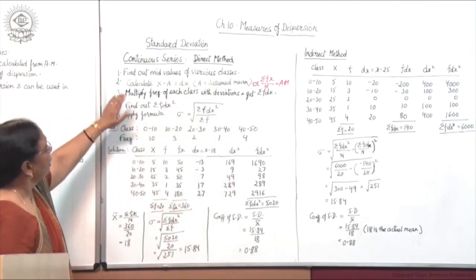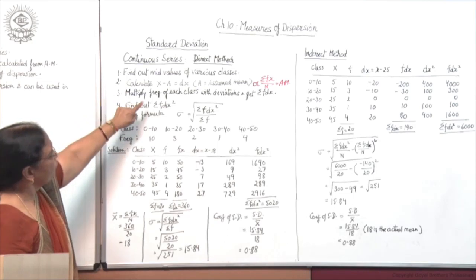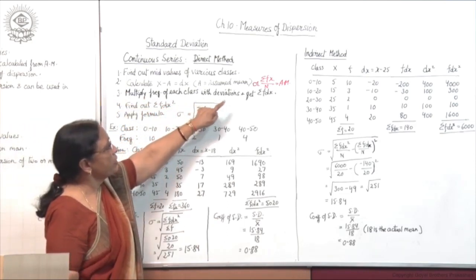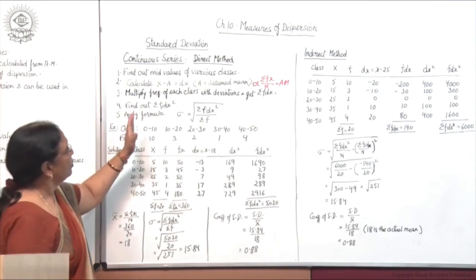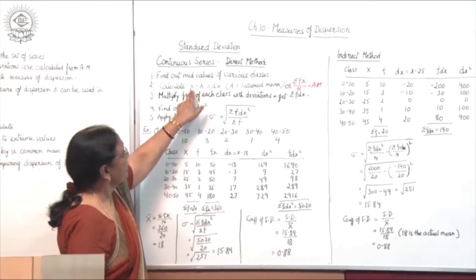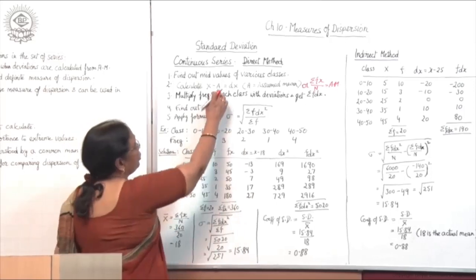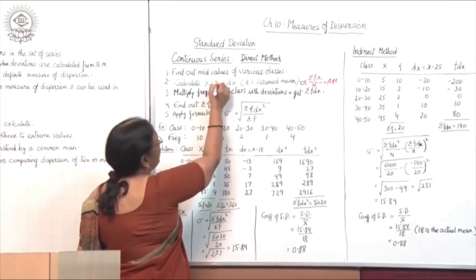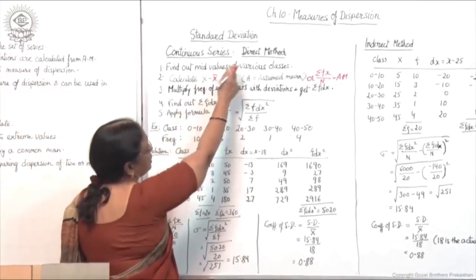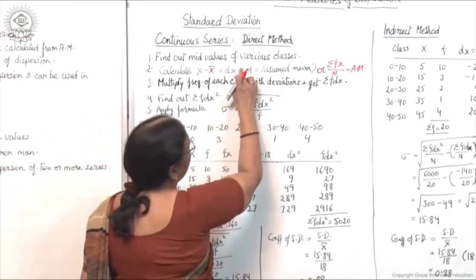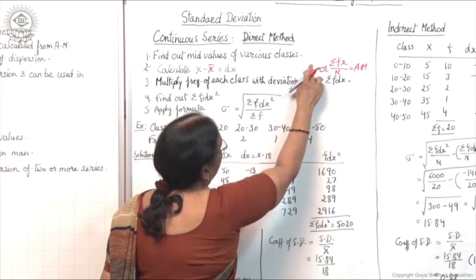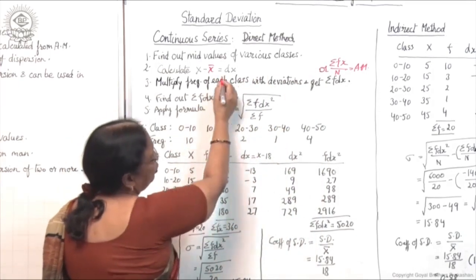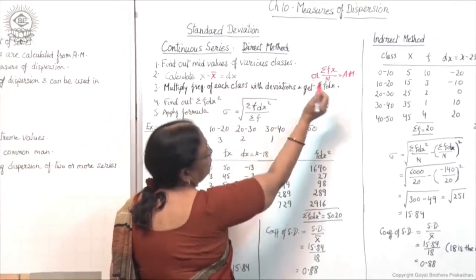Now the third step is to multiply the frequency of each class with deviations and get sigma fdx. When you take out the deviation, here you can write x minus x bar, because this is the direct method and the assumed mean will not be considered in this case. So x minus x bar is equal to dx, where x bar is sigma fx upon n.